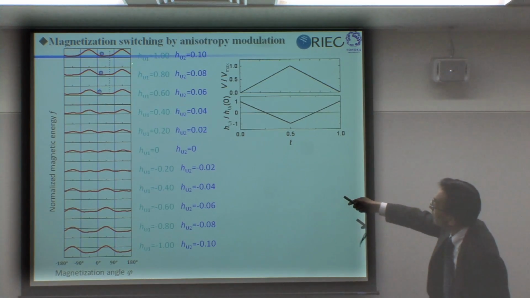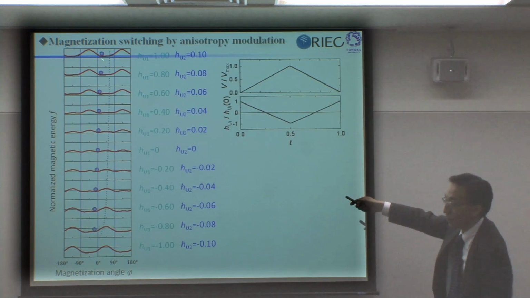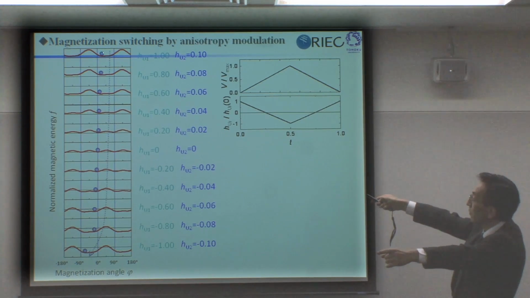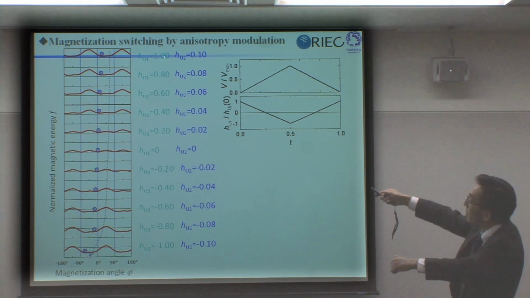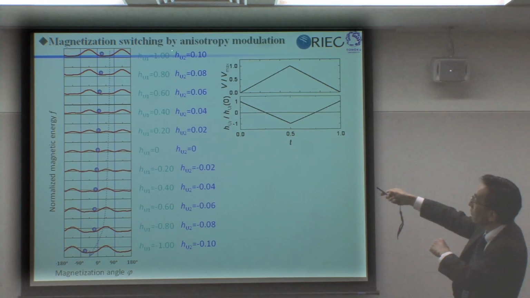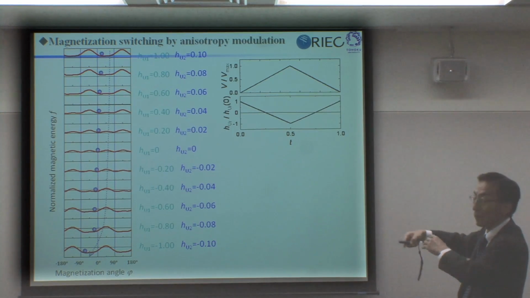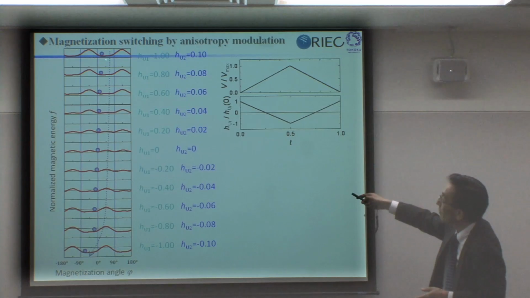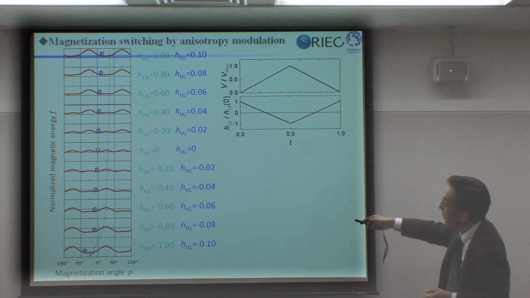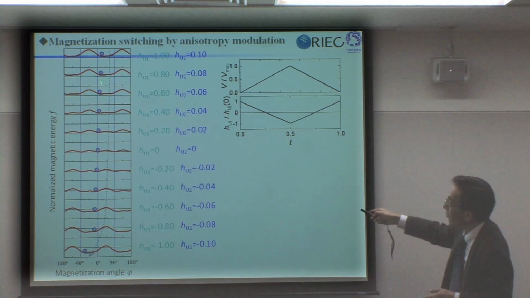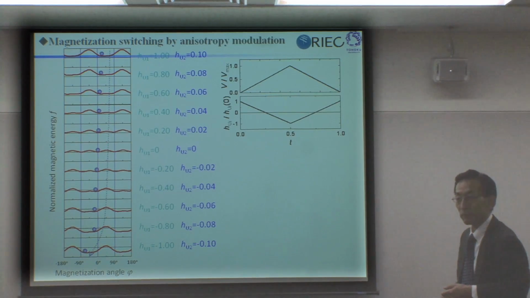And at the minimum here, our magnetization is pointing to this direction. By changing uniaxial anisotropy gradually, which hopefully by electric field, the minimum changes in this way. And when it changes sign, it goes this way.